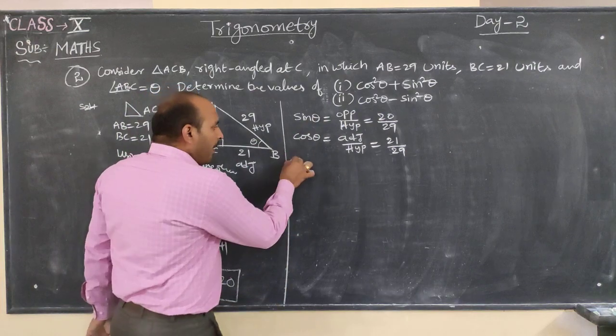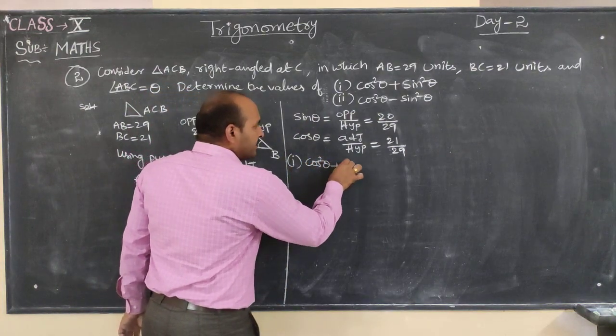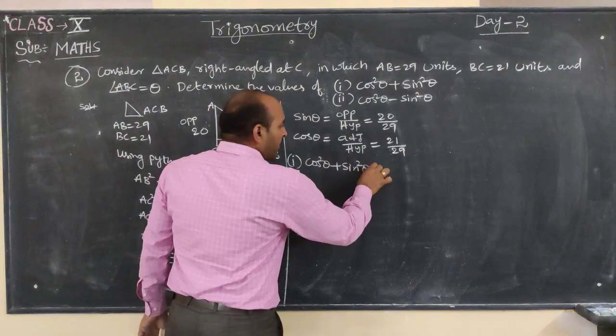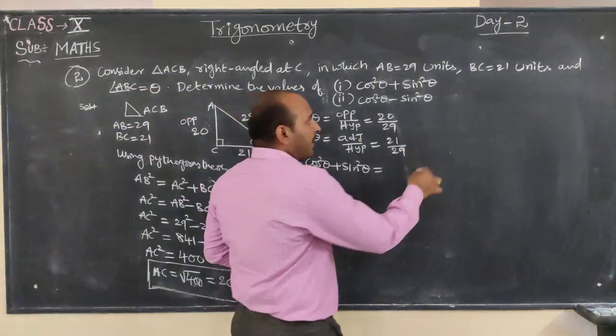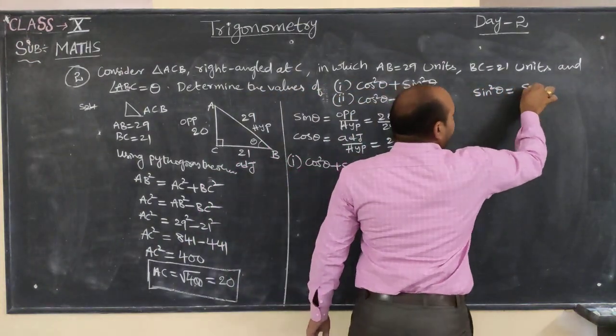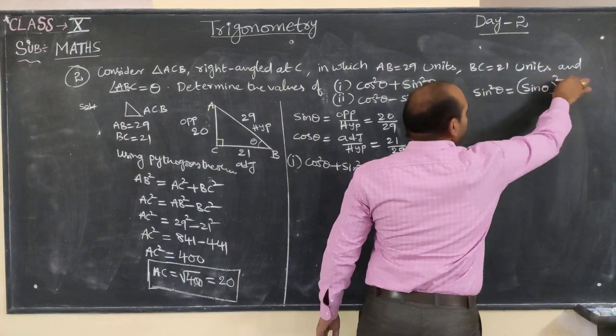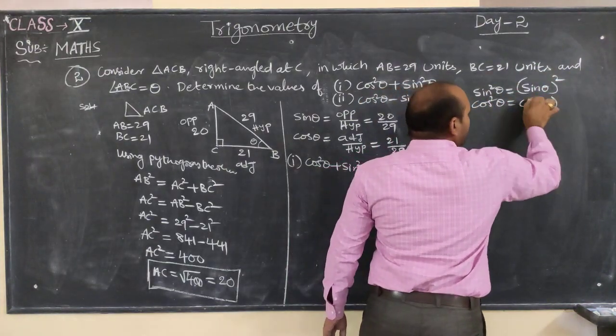Now coming to bit number 1, that is cos square theta plus sin square theta. Remember, sin square theta you can write as sin theta whole square, and cos square theta as cos theta whole square.